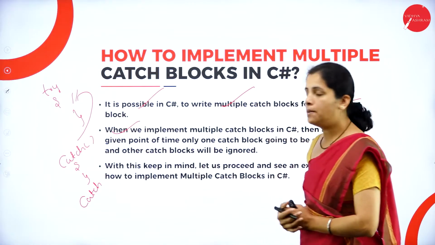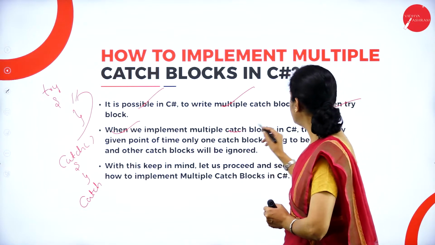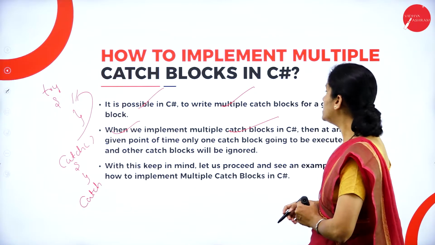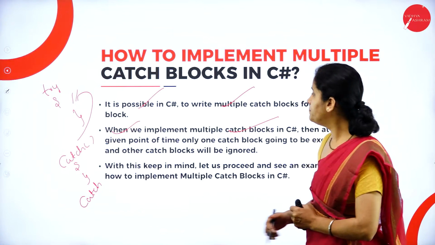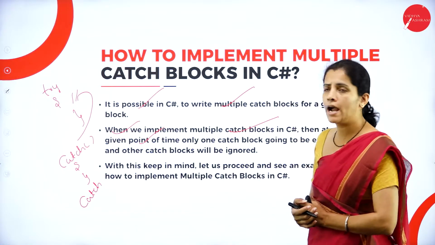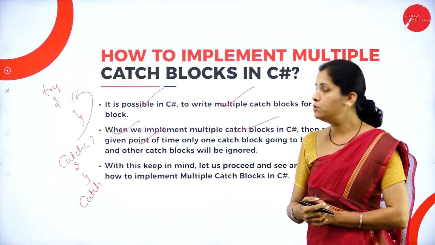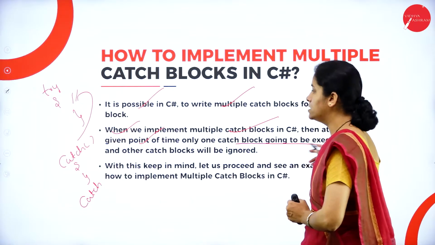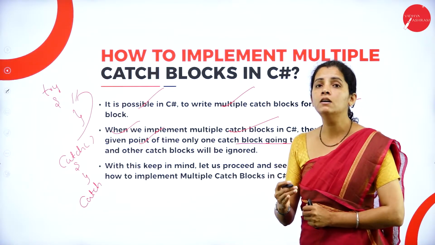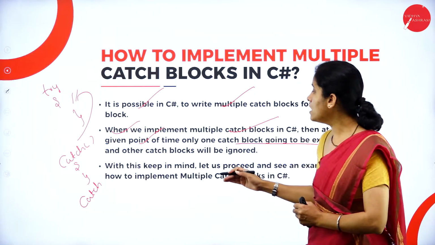When we implement multiple catch blocks in C#, at any given point of time, only one catch block is going to execute and further catch blocks are ignored.